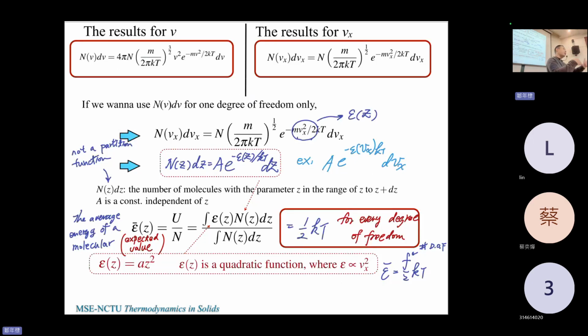After all the substitution, using the statistical approach, using Z and N, we found that yes, this is really connected to classical thermodynamics. So you can obtain the same result by two different approaches. The first one is classical, the other is statistical thermodynamics, and you find that they're all the same. Okay?